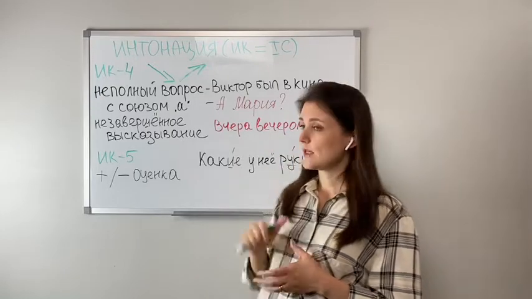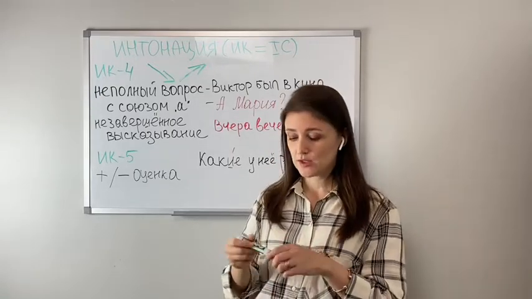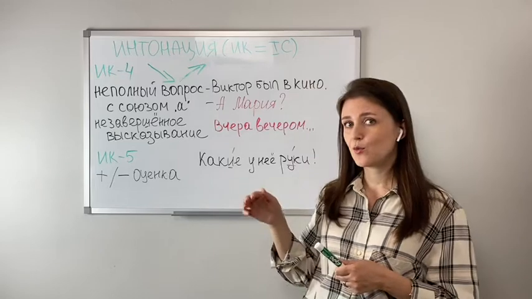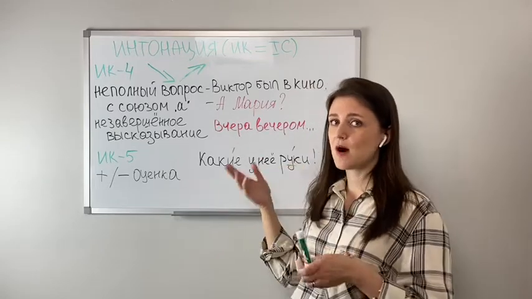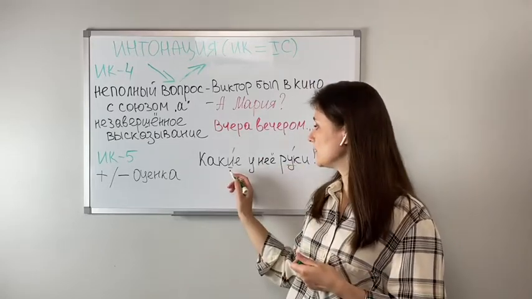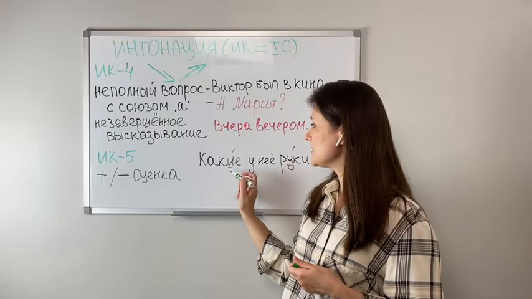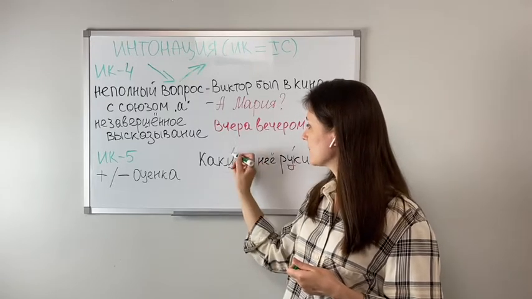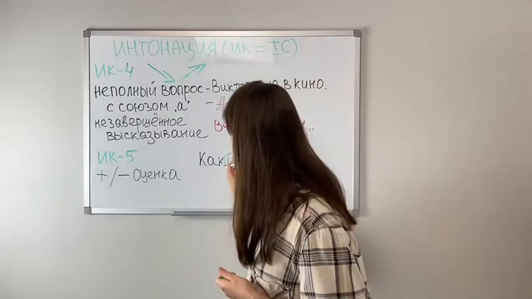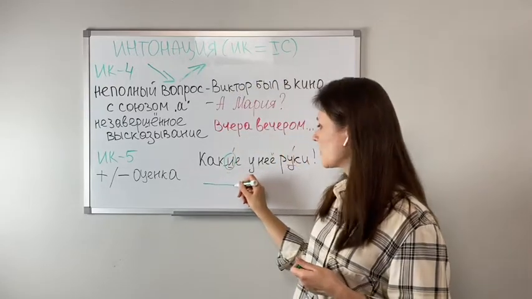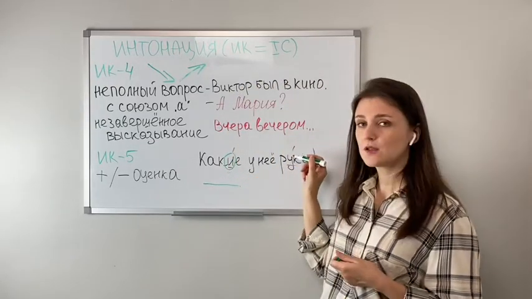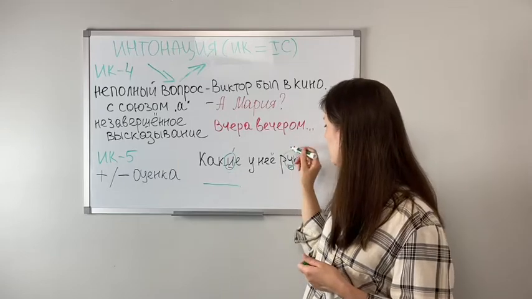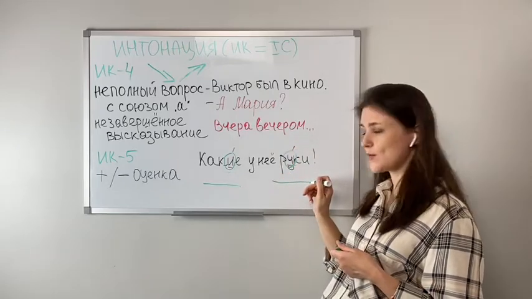In this intonation construction, we need to understand that we pronounce our vowels very long, okay? This E, long, and U, long pronunciation.